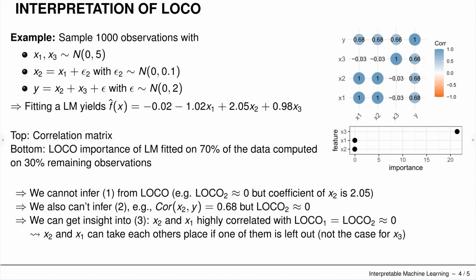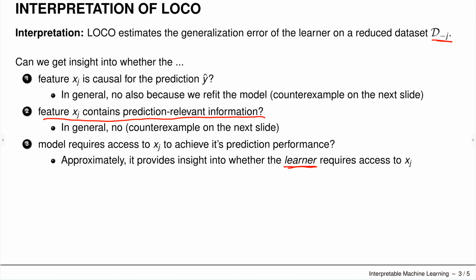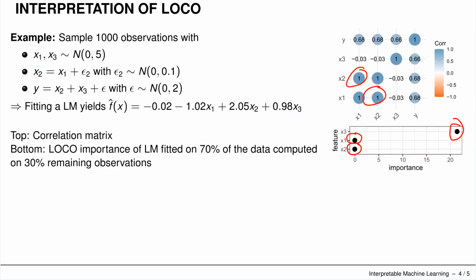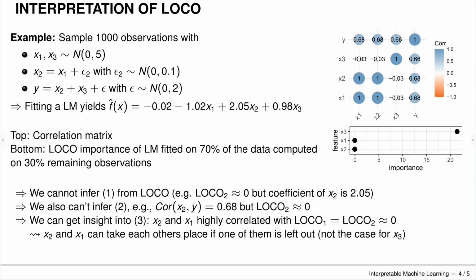But we can get some insight into 3. So 3 was the model requires access to the feature of interest. But as already explained, this is then a different model. So because x2 and x1 are highly correlated, we get both LOCO values being 0 because they can just take each other's place.